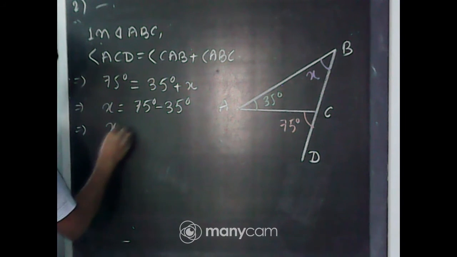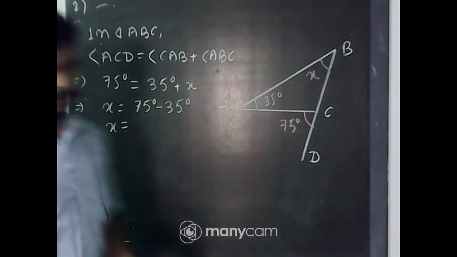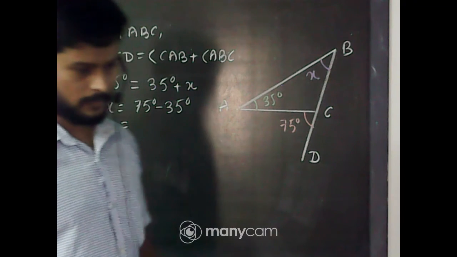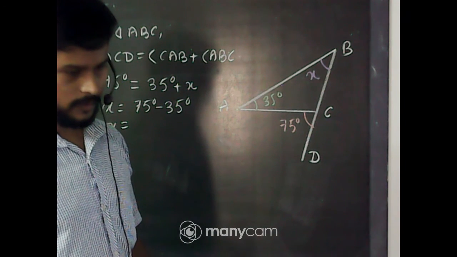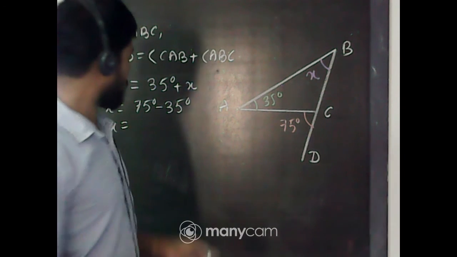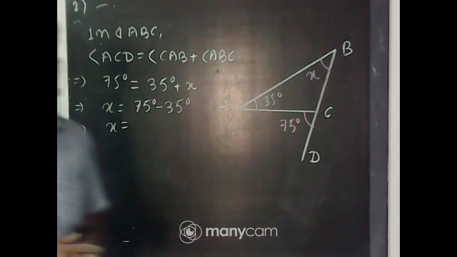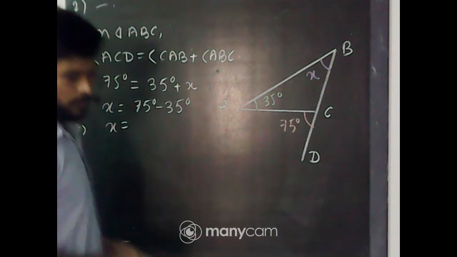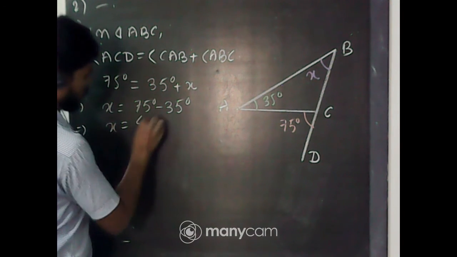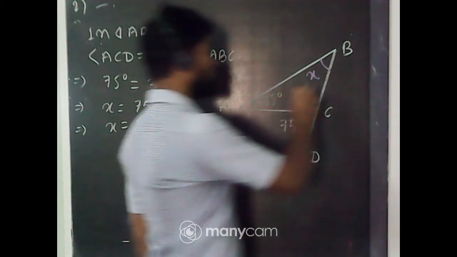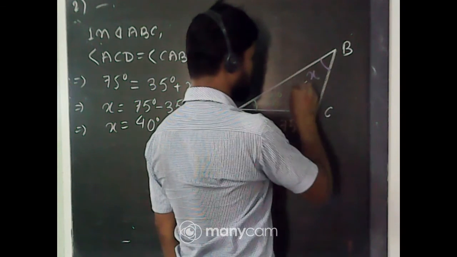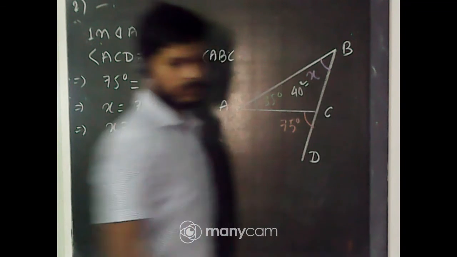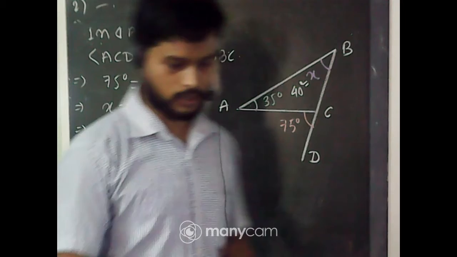If I subtract 35 from 75, tell me what the answer will be. Yes, the answer will be 40 degrees. Very good. That means this unknown angle is 40 degrees. So the total question is solved now.